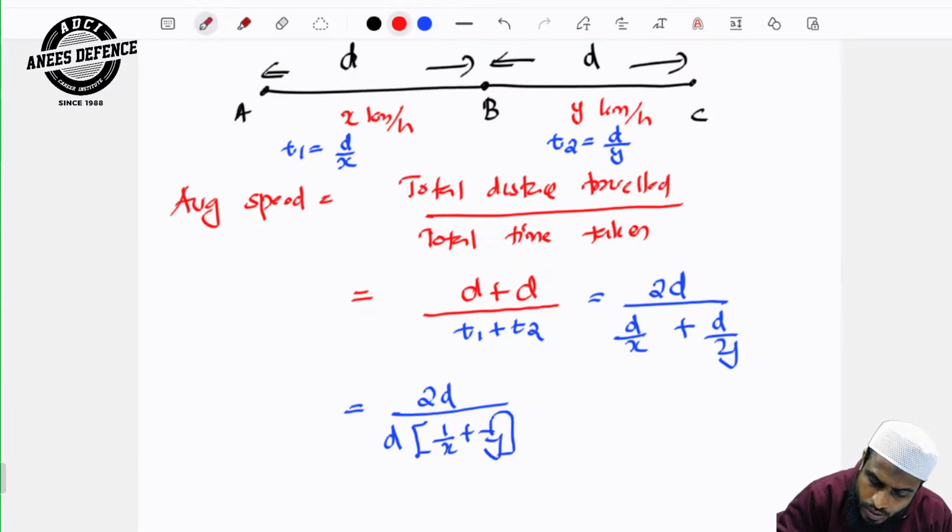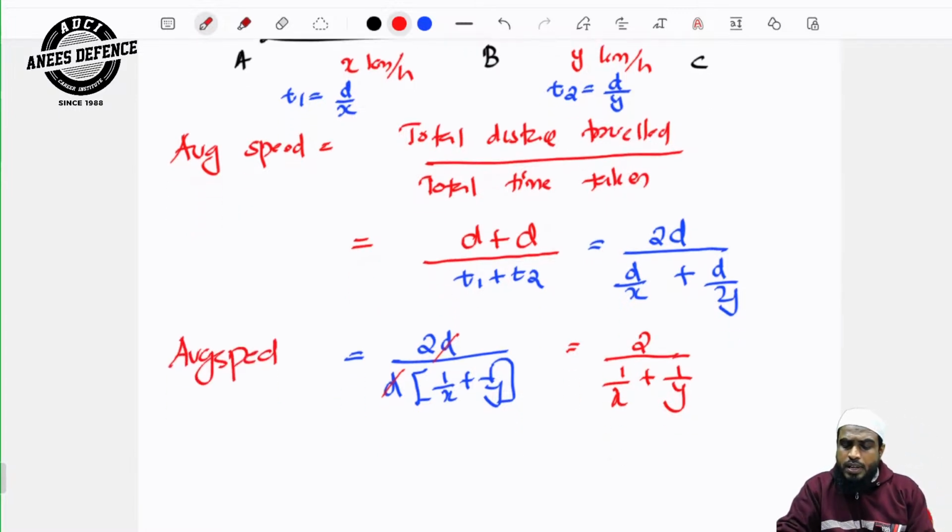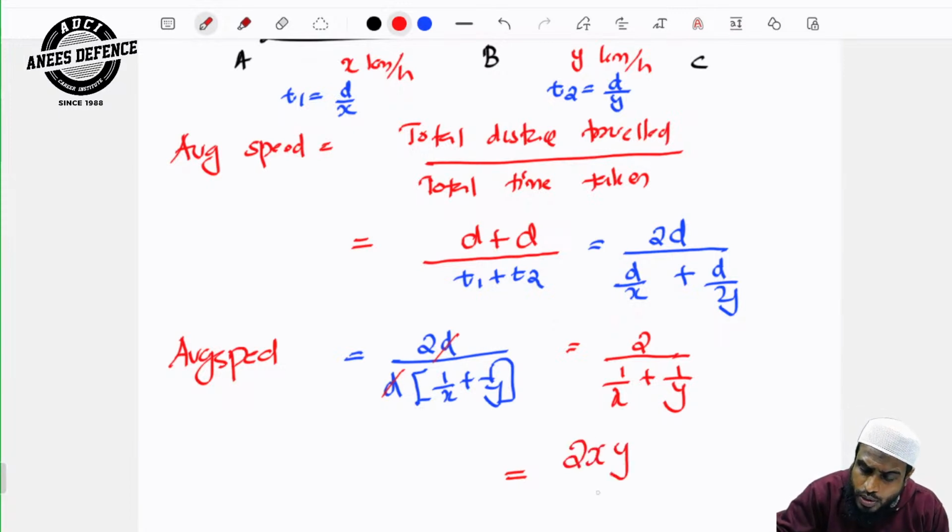This d gets cut, so 2 by 1 by x plus 1 by y. That is average speed. This can be solved if we calculate the LCM of the denominator part. The final answer will be 2xy by x plus y, average speed.